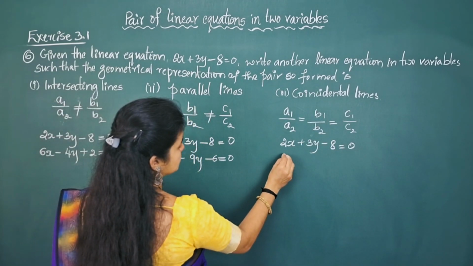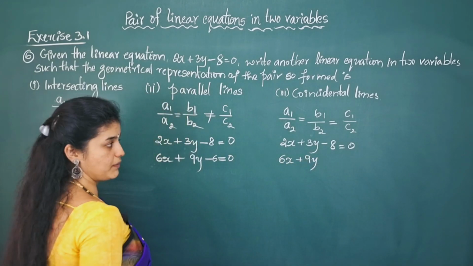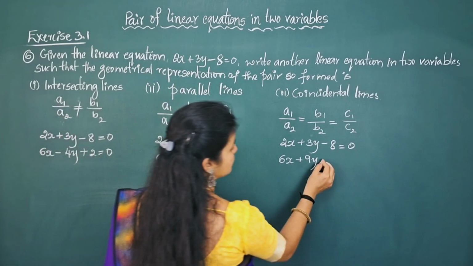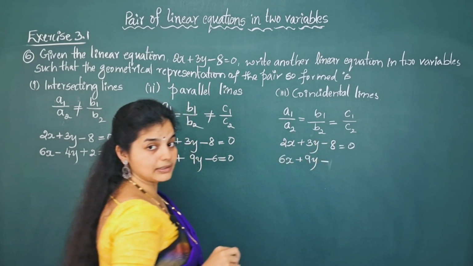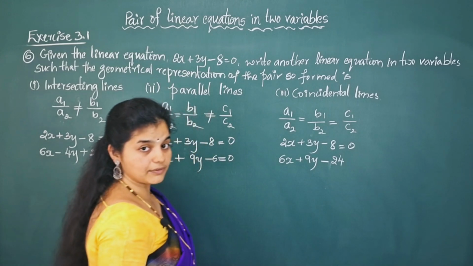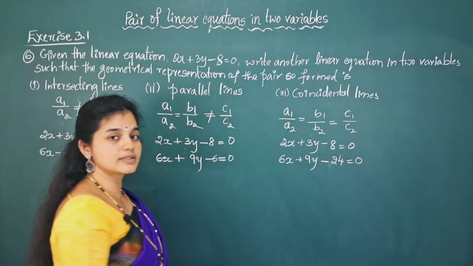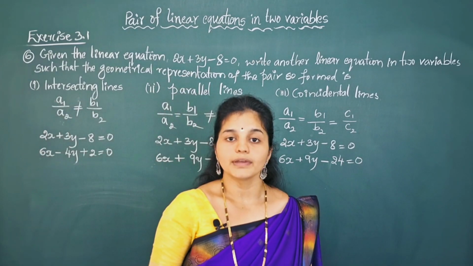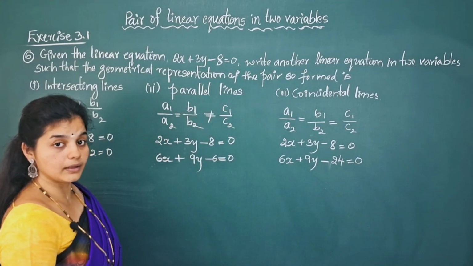So I will consider this 6x plus 9y, because already we have A1 by A2 equal to B1 by B2. Now we should make C1 by C2 equal to that as well. So here you should have a minus sign, and 1 by 3, 1 by 3. For this to be 1 by 3 as well, the value we have to take is 24. 8 ones are 8, 3s are 24, and this is equal to 0. So this is how you get an intersecting line, parallel line, and coincident line when you make a pair of linear equations with the given linear equation.